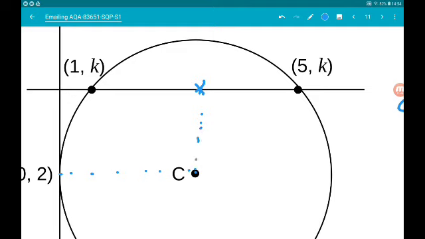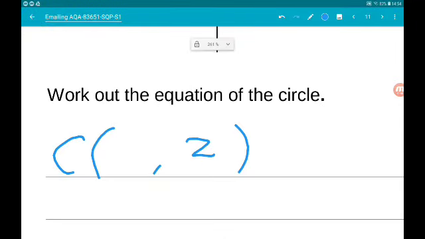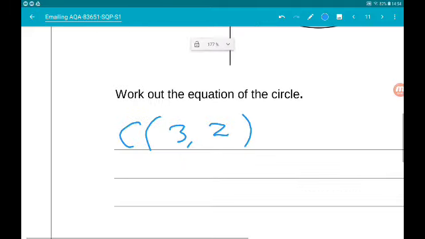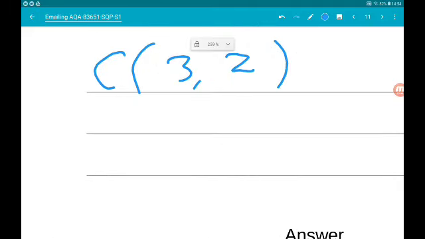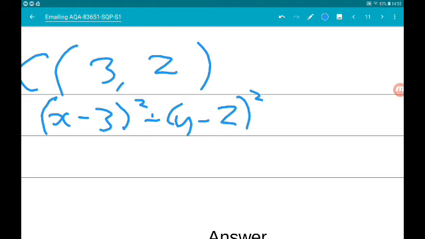So the midpoint of that is 5 plus 1 over 2, which is 3. So the centre has coordinates 3, 2. So we can say then that we got x minus 3 squared add y minus 2 squared is equal to the radius squared.